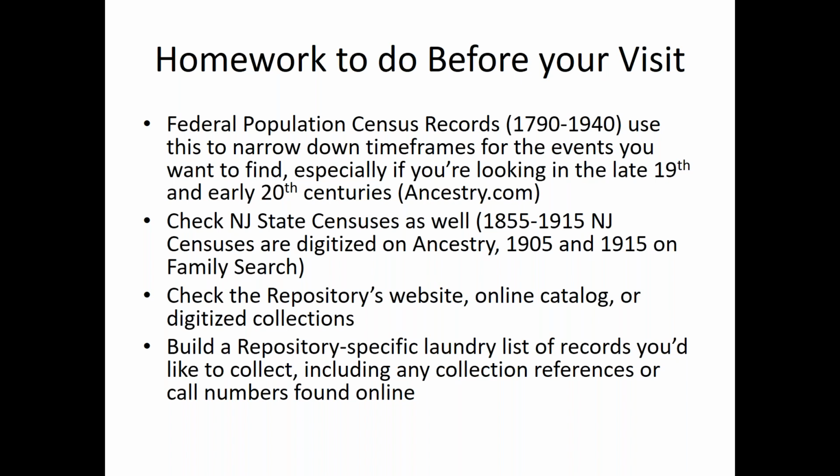So if there is a specific collection that's named in the archives catalog that you would like to look at, if you see a call number or control number, you can write that down. If you go into one of the database indexes and the specific item you're interested in has a page and volume number, something like that, make sure you're writing that stuff down.